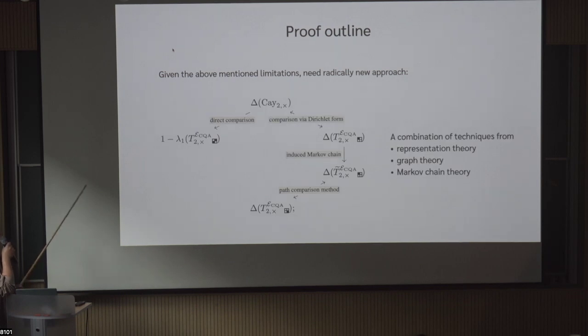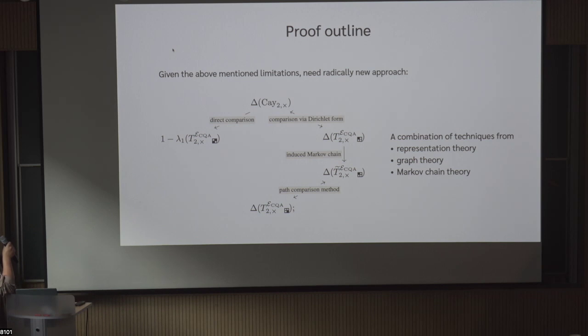So here is a very brief illustration. Yeah, so without all the definitions, of course, it's not so informative, but let's just say that it's a combination of advanced techniques from representation theory, graph theory, and Markov chain theory.